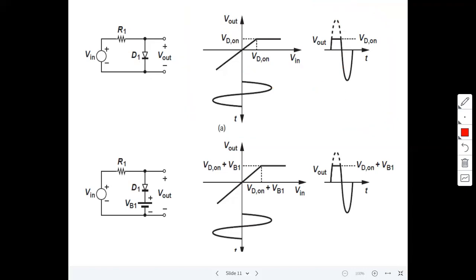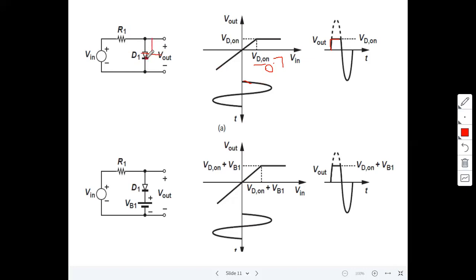Now observe here, during the positive cycle, consider the practical diode: up to 0.7 volt the diode is off, so the output follows the input. When the input is greater than 0.7, the diode turns on immediately. When the diode is on, what is the equivalent circuit?